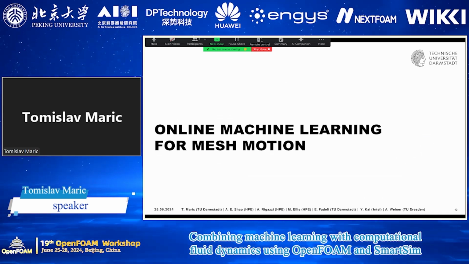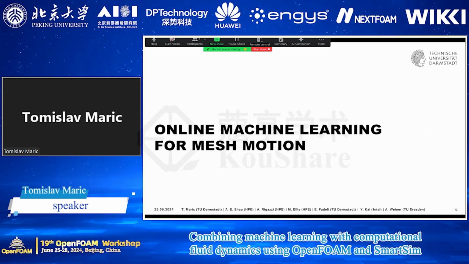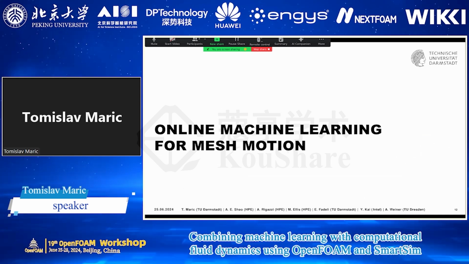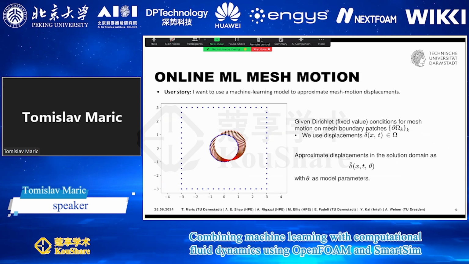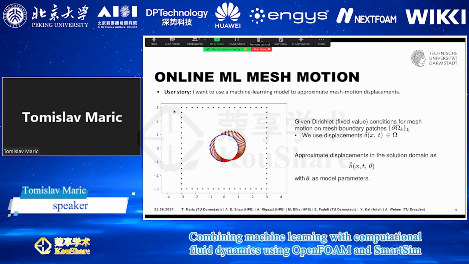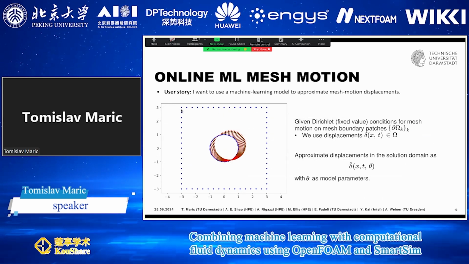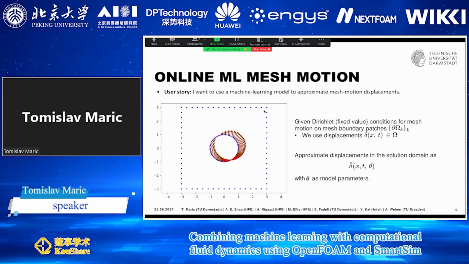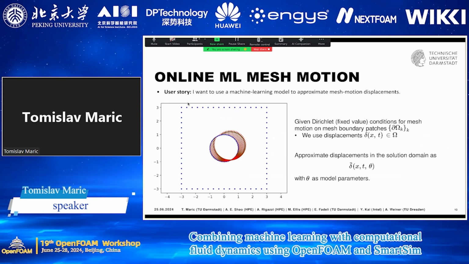So let's look at this machine learning for mesh motion and how it works. First, very roughly and quickly on the top level, and then we can look at the code. What's our problem? This is of course a simplified problem. You have a domain. The machine learning doesn't care about finite volumes. It's a meshless method, you could call it.